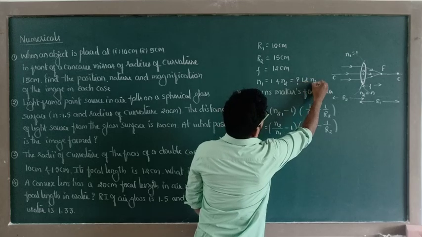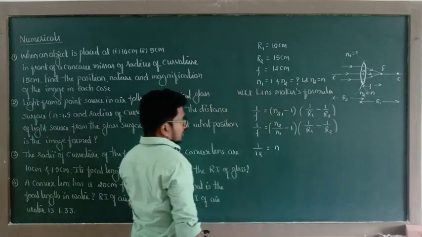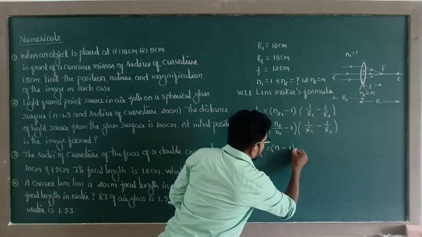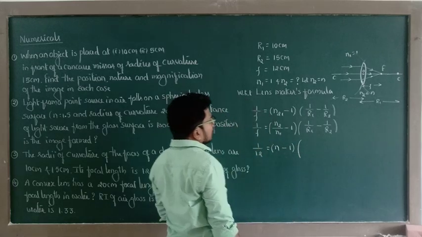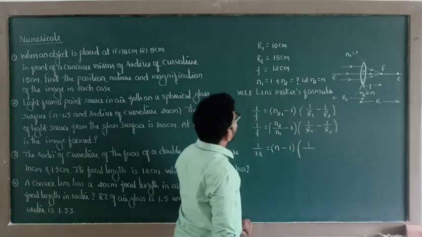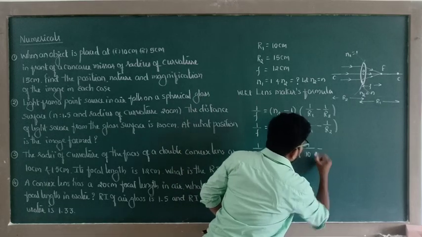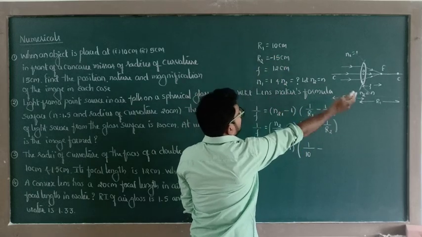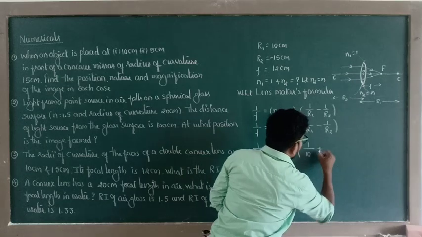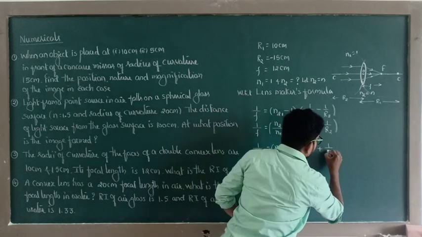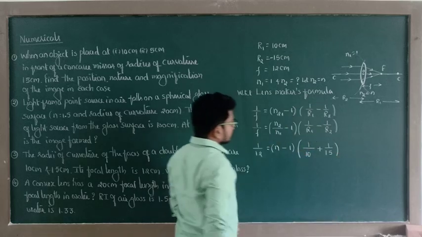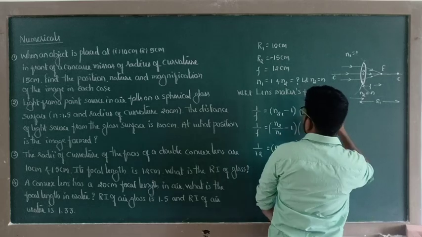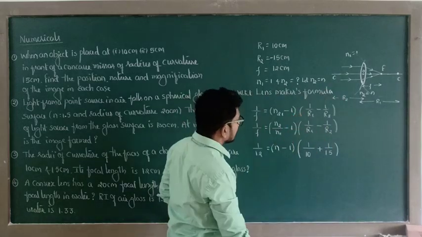R1 is 10 centimeter, and R2 should be negative because it is opposite to the direction of incident light, so minus into minus gives plus 1 divided by 15. Or directly, in case of air or vacuum, you can write n minus 1 into 1 divided by R1 minus 1 divided by R2.